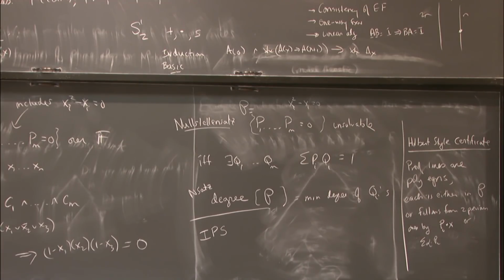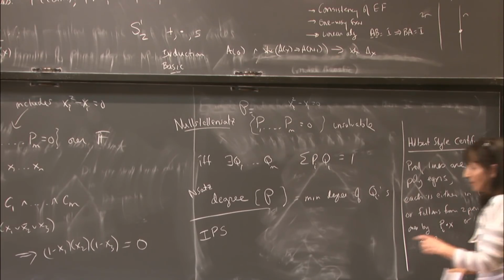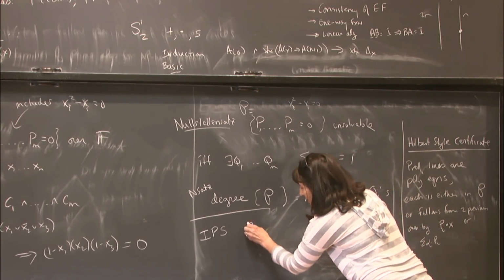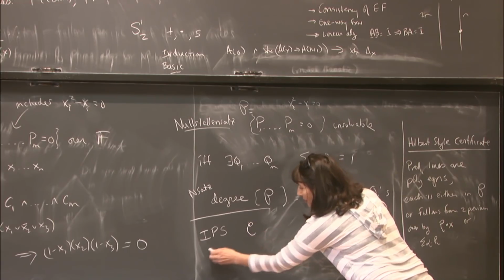Okay, is that good? Okay, so what we wanted for IPS was a definition of a proof that was just a circuit, didn't have this syntactic rule-based feel to it. So an IPS proof is just an algebraic circuit.